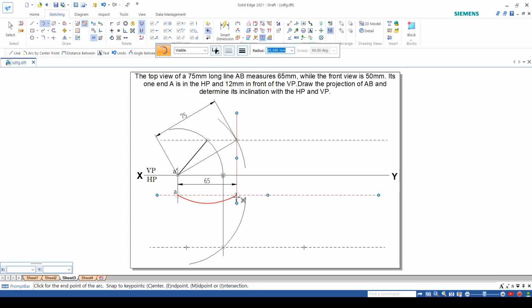Take the compass. The radius is 65 mm, the center is the intersection point.